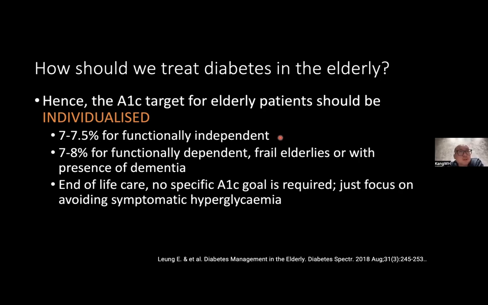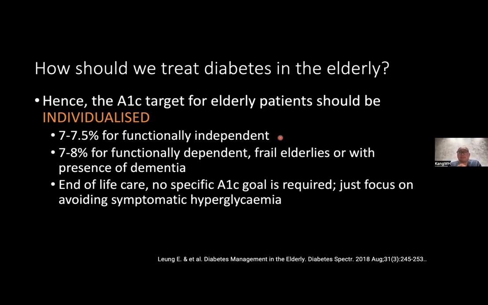You want their sugar level to be tight, so they will have low risk of developing heart problems, kidney problems, eye problems, etc. But then again, if they are still functionally dependent, but they are frail, so they get hypos easily, or they have difficulty in walking, or they're actually demented, then an A1C of 7 to 8% would be good enough. And sometimes you can actually aim higher, 8 to 9 or 10%, depending on the patient and the caretaker's expectations.